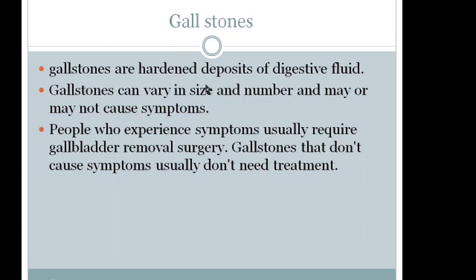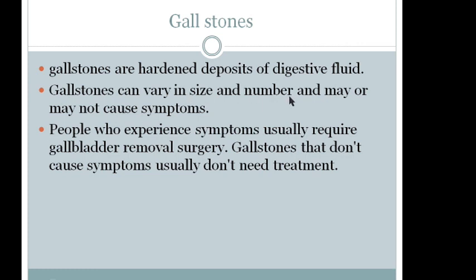Now gallstones. Gallstones are hardened deposits of the digestive fluid. It is already discussed how the gallstones form. Bile contains cholesterol and lecithin. This cholesterol and lecithin, because of the bile salt, is present in solvent. But if the bile salt is absent, cholesterol and lecithin will precipitate and form the gallstone.